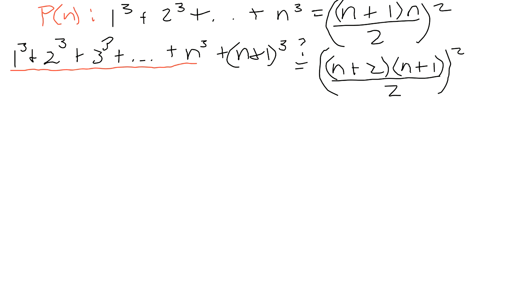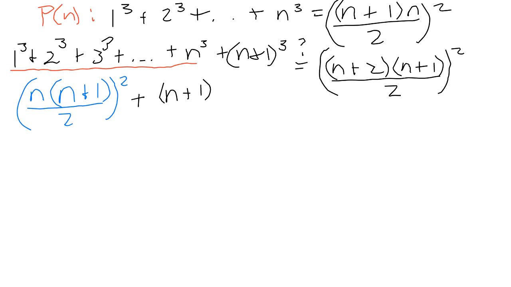So I'm going to replace all of that with, in a different color ink, n plus 1 times n over 2, and it's squared. We still have that additional n plus 1 cubed right here. All we do is replace the part that's on the line. And on the right, we still have the same thing as over there. I'm going to write it when I get to it.